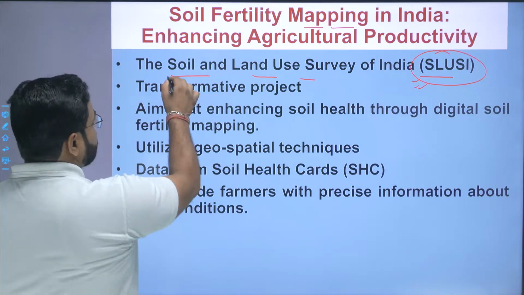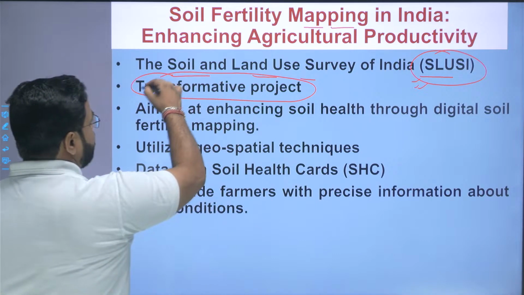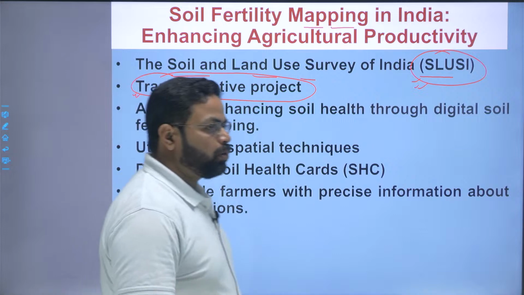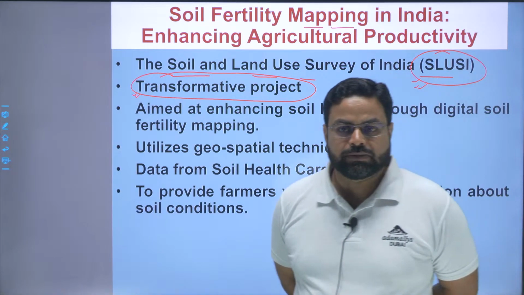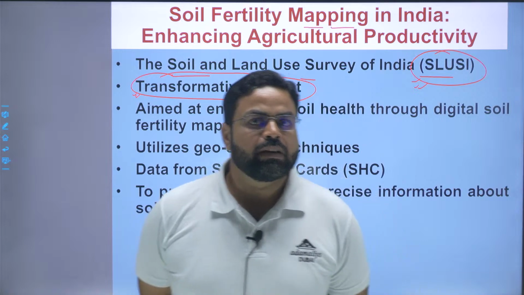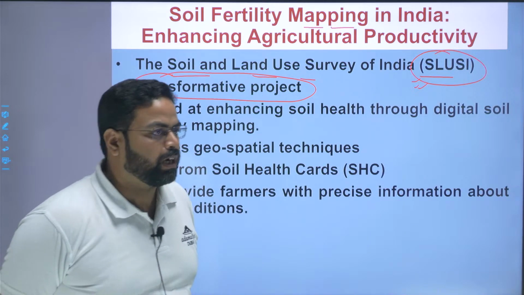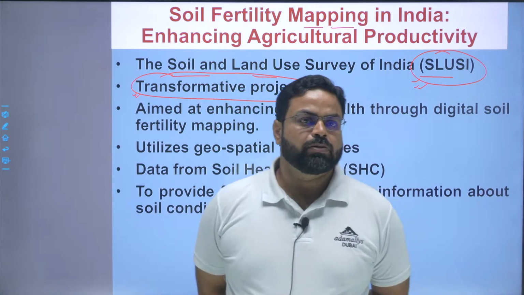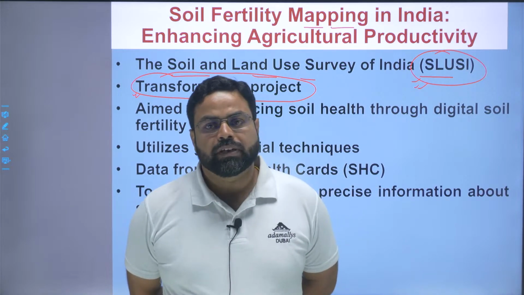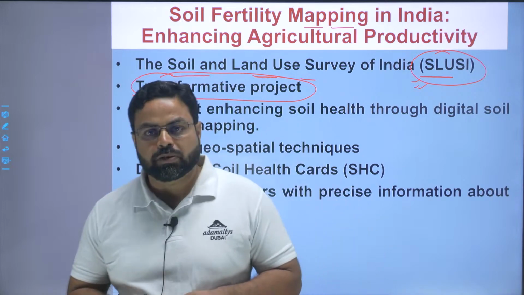And this is a transformative project because this will change the whole agricultural outlook throughout India, because depending on the fertility of the soil, the type of the soil, the nutrient base of the soil, the agriculture of any particular region can be planned, and accordingly the crops can be grown in that particular region.